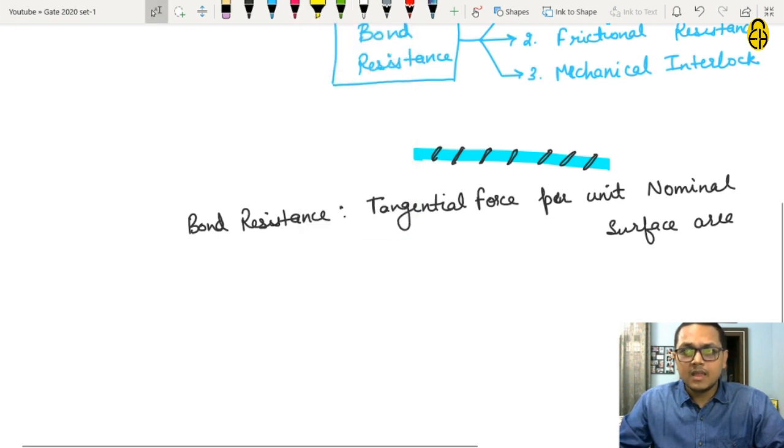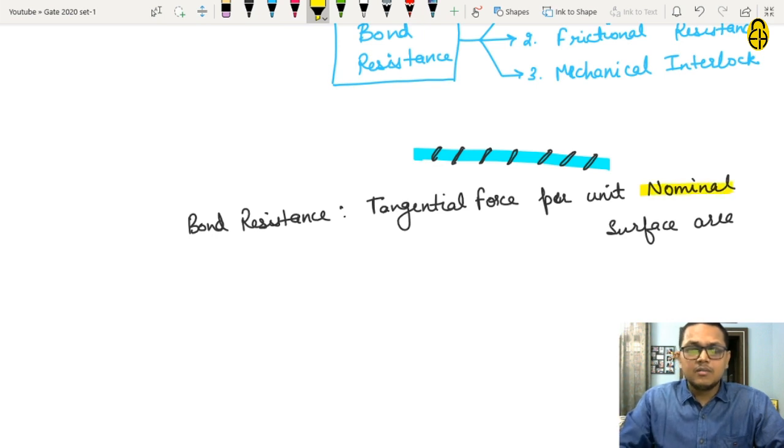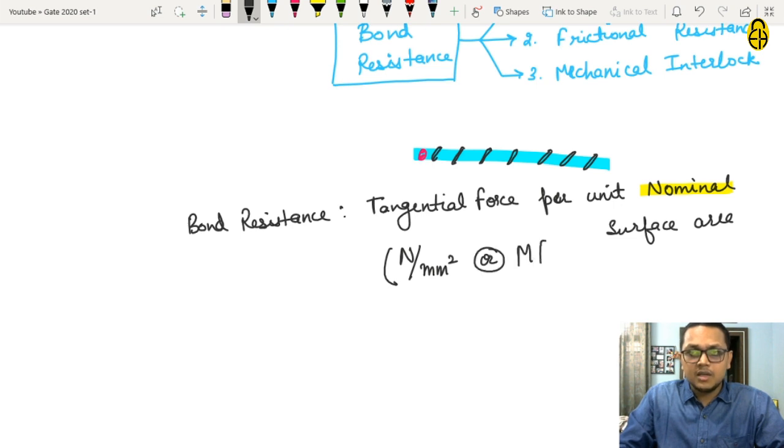Because while expressing this bond resistance, the additional surface area due to this protruding is not taken into account. Hence, we use only the nominal surface area during the analysis of bond resistance. That is the hatched portion as shown in the diagram above. The unit is Newton per mm square or megapascal.